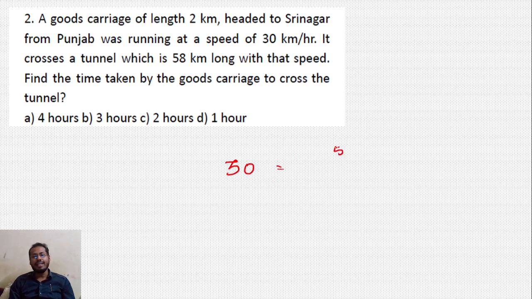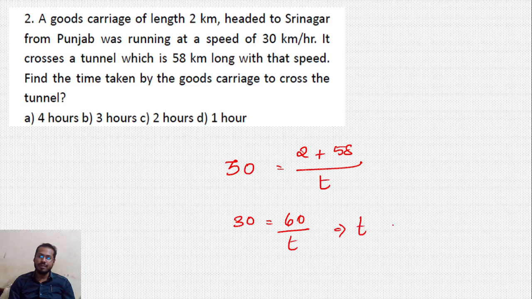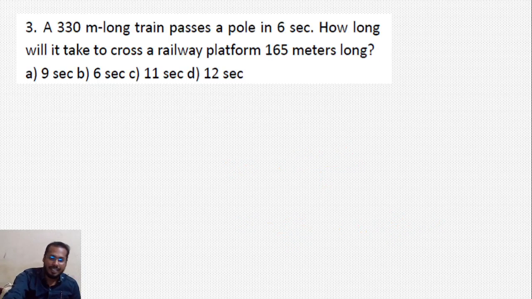The tunnel is 58 kilometer and the carriage is 2 kilometer in length. Anyway, we are going to find the time, how much time it's going to take. 58 plus 2 is 60. 30 is equal to 60 over T. So T is equal to 60 over 30, which is 2. So it takes 2 hours to cross. Simple. Let's move to the next question.